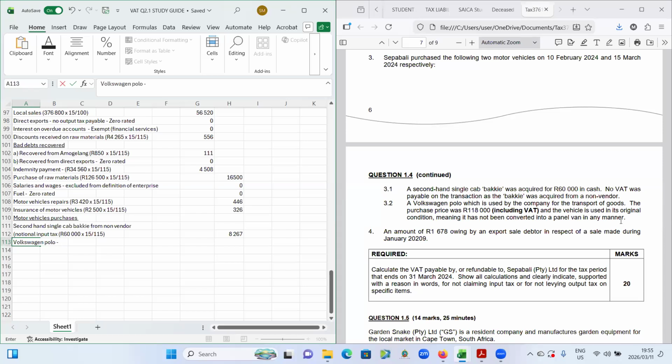So this one is strictly input tax denied. Why? It's a motor car as defined. The amount is 0.